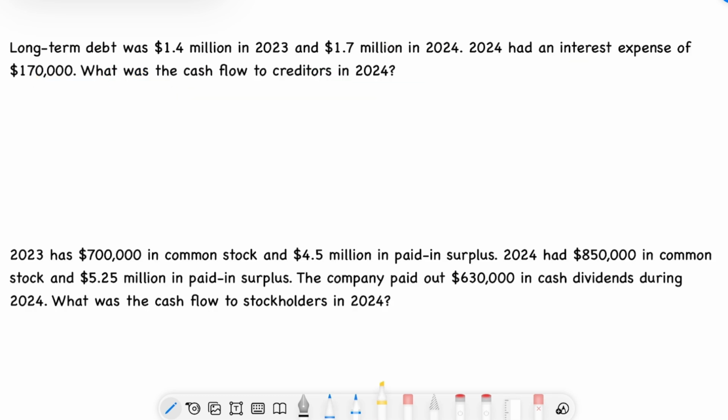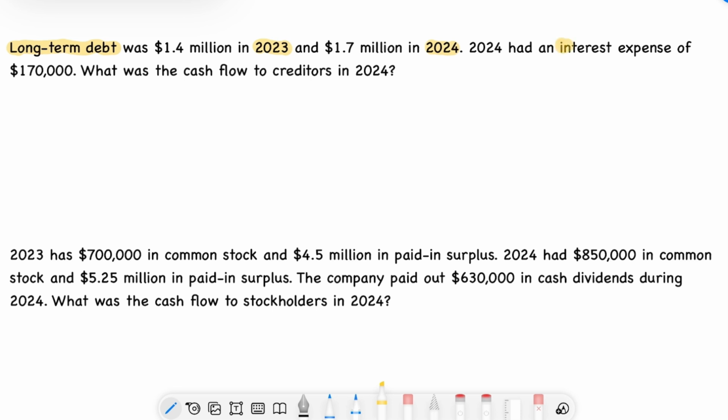All right, this next problem says long-term debt was $1.4 million in 2023 and $1.7 million in 2024. 2024 had an interest expense of $170,000. What was the cash flow to creditors in 2024? So we're given long-term debt in 2023, and we have a long-term debt in 2024.